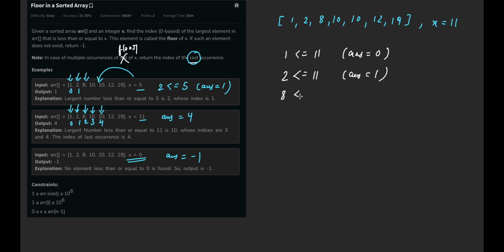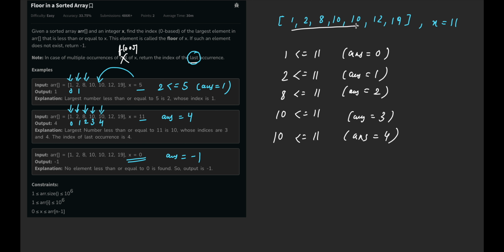Going to the third element, we stored answer as 2. Now 10, which is also a floor element of 11, so we stored answer as 3. Going forward, there also exists another 10, which is a floor element of 11, so we stored answer as 4. There are more elements, but they are not possible candidates, so we would be returning the last occurrence, which in our case is 4. Since this is a linear scan, the time complexity is O of n.